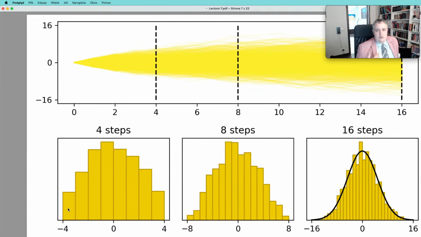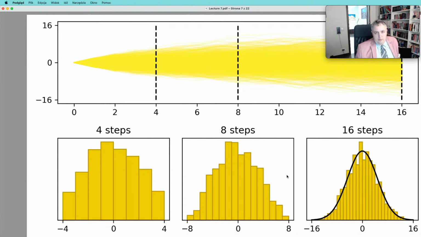Look at this: after some number of steps, we get the sum of identically distributed steps, because the position will be a sum of steps with positive or negative direction. So from the central limit theorem, they should be normally distributed.